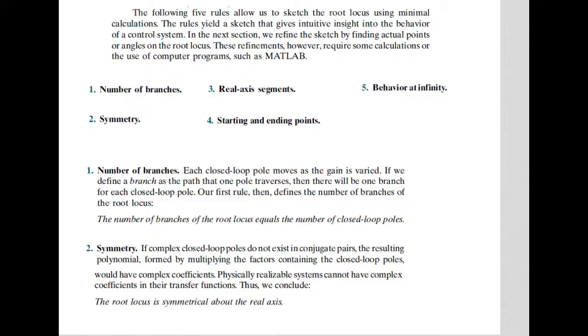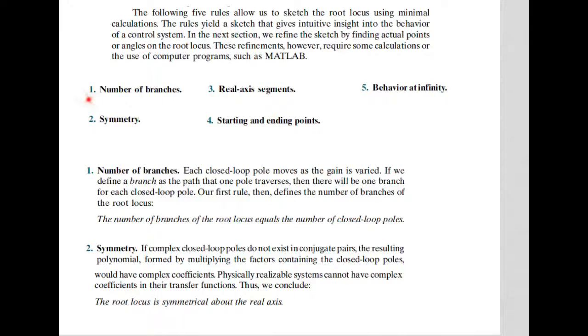So there are 5 rules which allow us to sketch the root locus using minimal calculations. The rules yield a sketch that gives intuitive insight into the behavior of the control system. First we define these 5 rules.